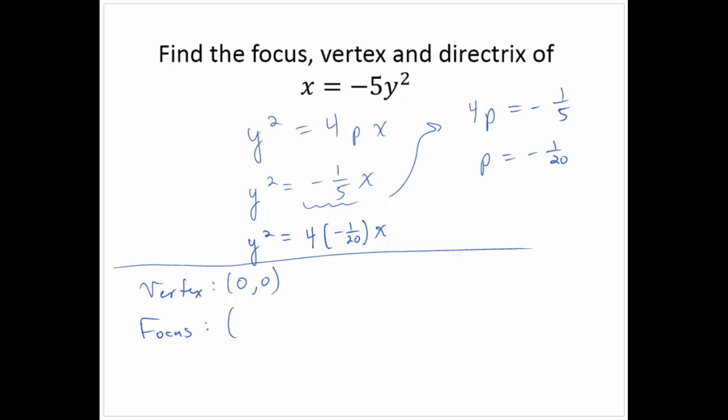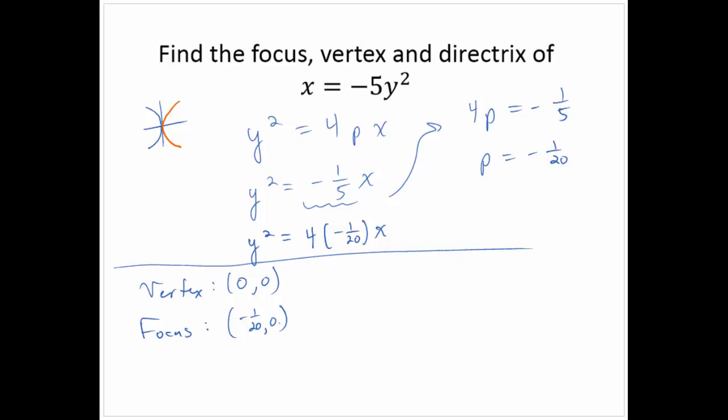How do I know it's (p, 0)? Since it's y squared equals 4px, I know that it's opening left or right, since it's got the y squared. And then since the p is negative, I know it's opening left, and so the focus is (negative 1/20, 0).